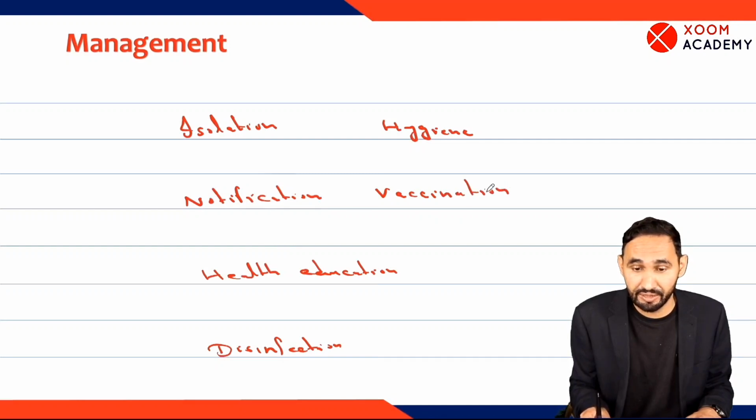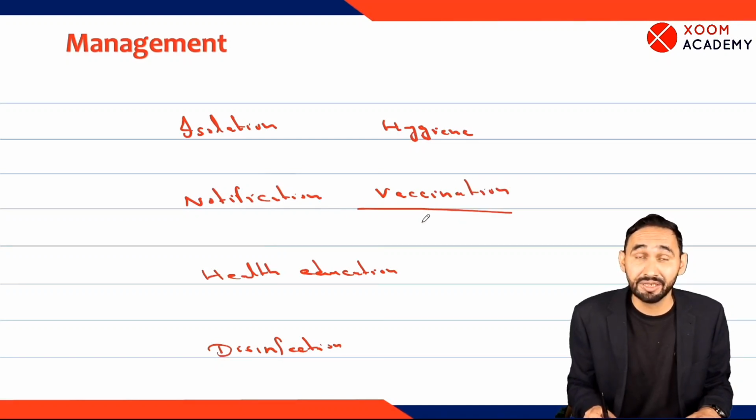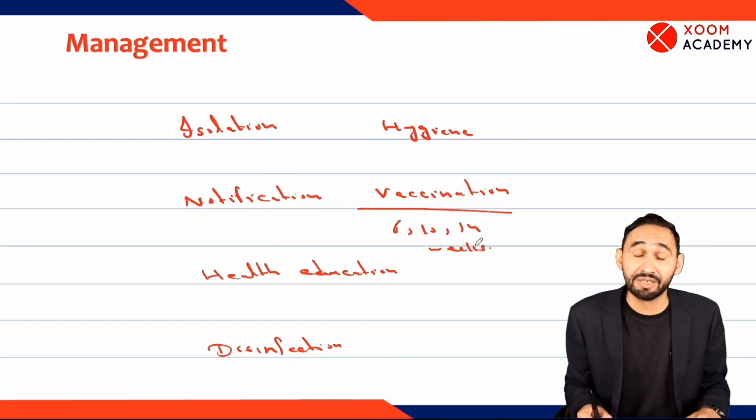Influenza vaccine is added in the EPI schedule. It is given at the age of 6 weeks, 10 and 14 weeks with pentavalent.